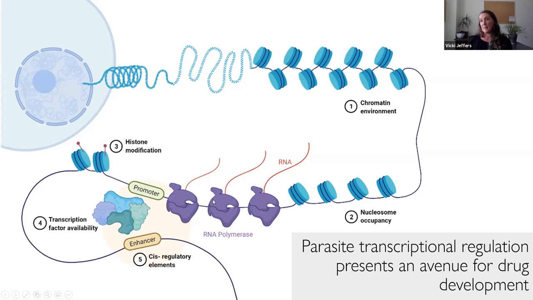We have RNA polymerase that's recruited to promoters due to recruitment of DNA binding proteins and modification of histones. But there are some very divergent features of this process that we think are really interesting to investigate more closely and could potentially lead to some really nice drug therapies for toxoplasma.